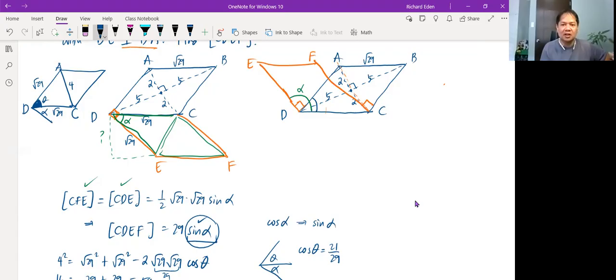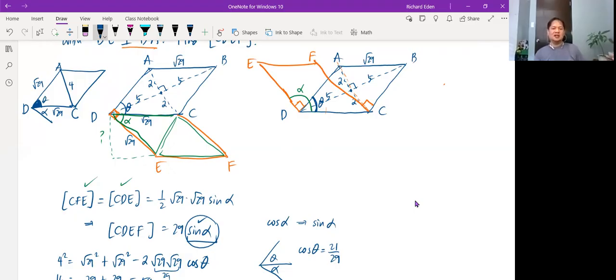So earlier, theta and alpha were complementary to each other.